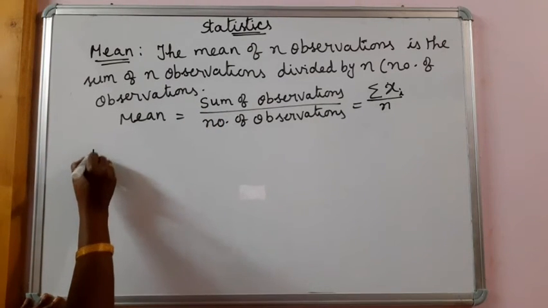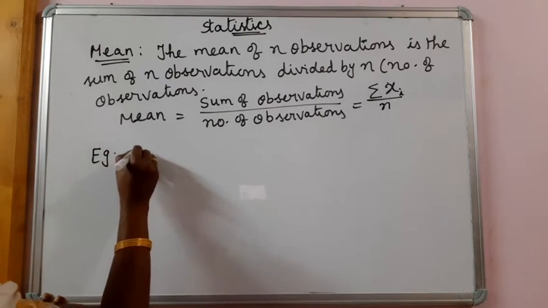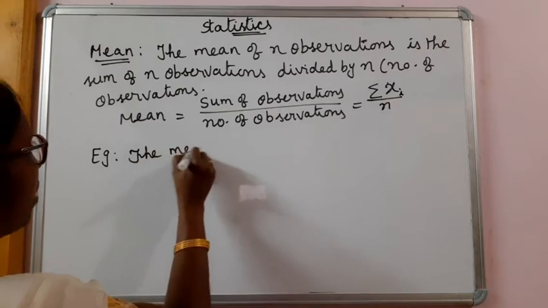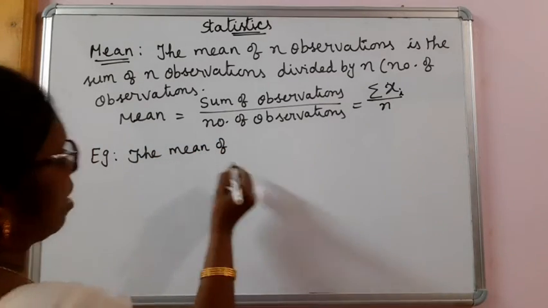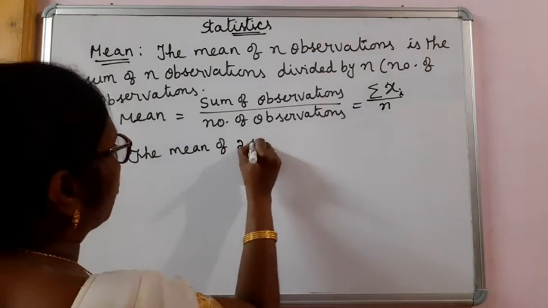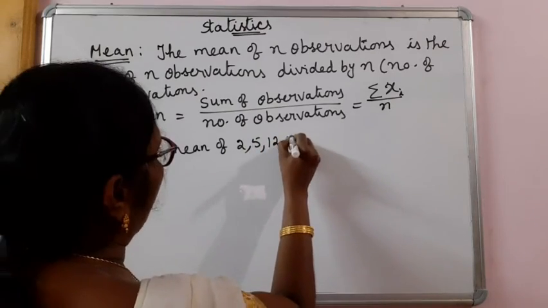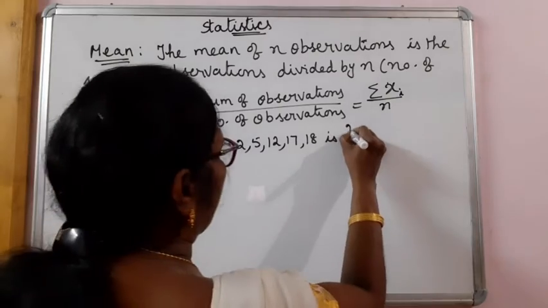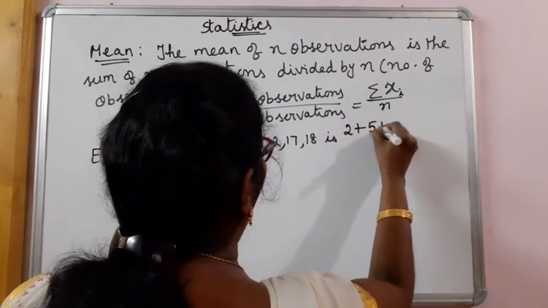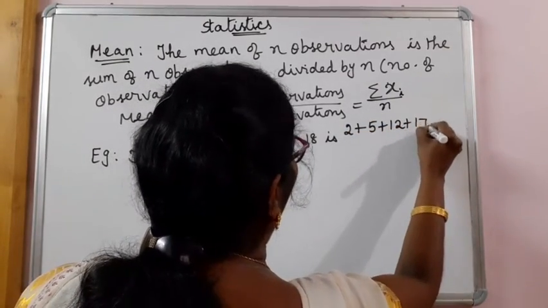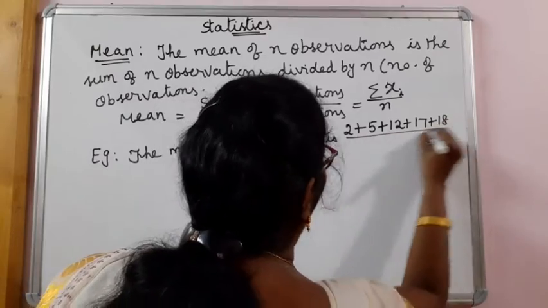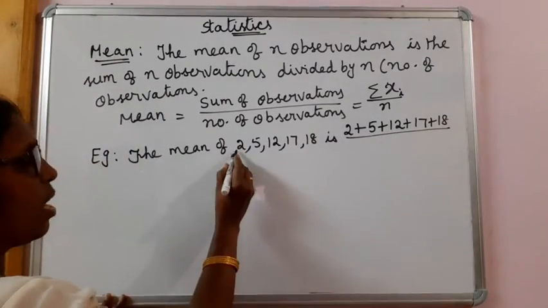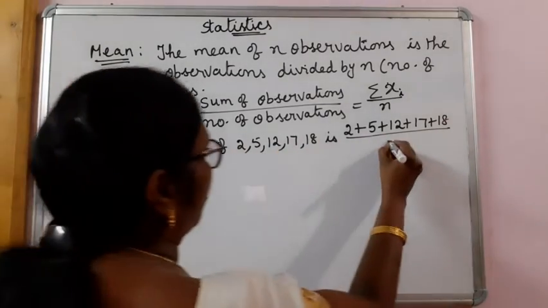Let me give you an example for this. Suppose we want to find the mean of, a very simple example, 2, 5, 12, 17, 18. It is the sum of all these, that is 2 plus 5 plus 12 plus 17 plus 18, divided by the number of observations, 1, 2, 3, 4, 5.